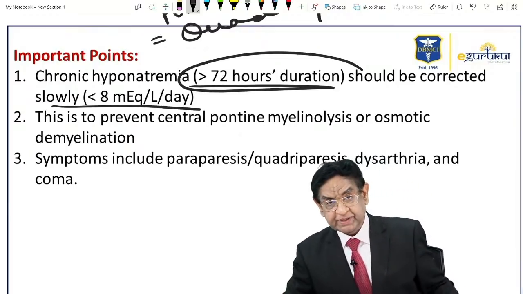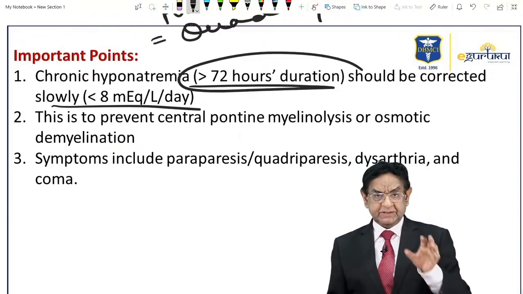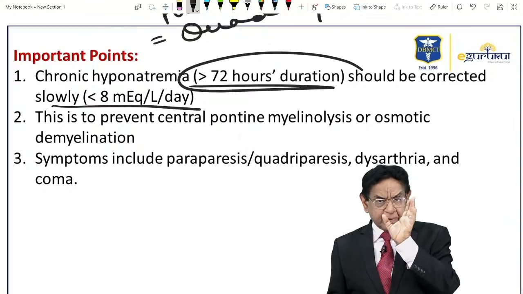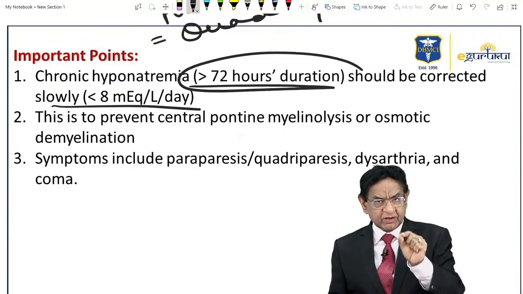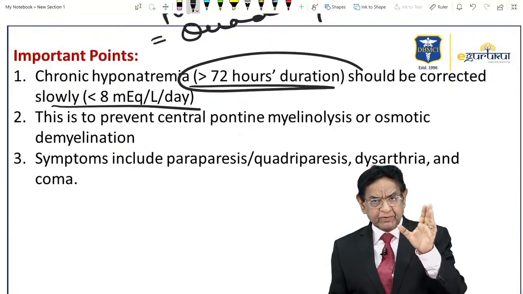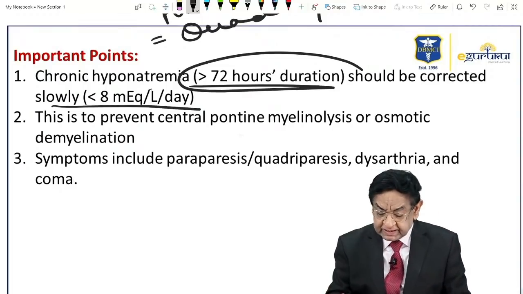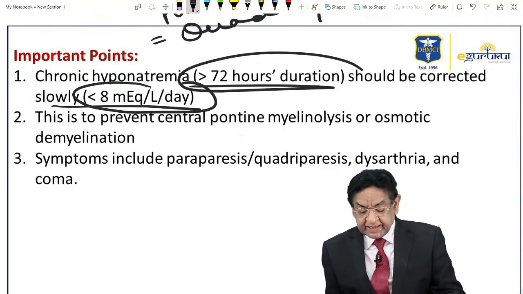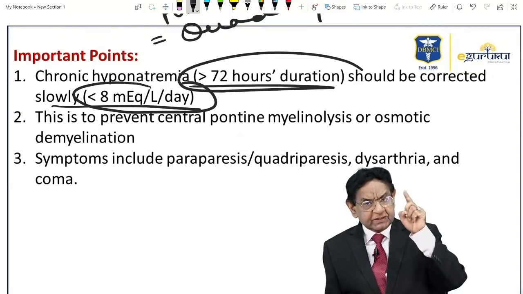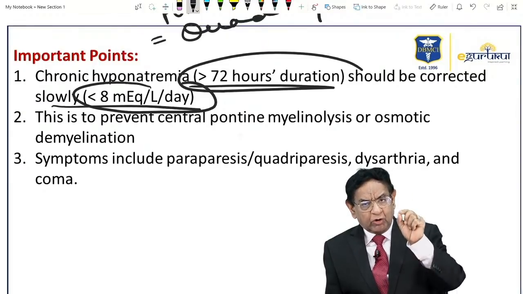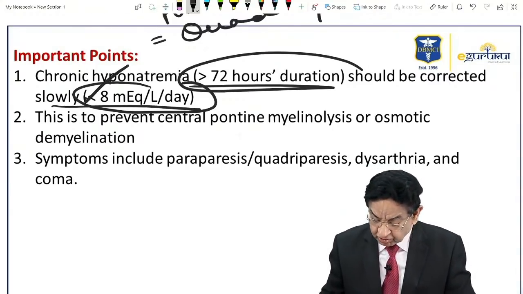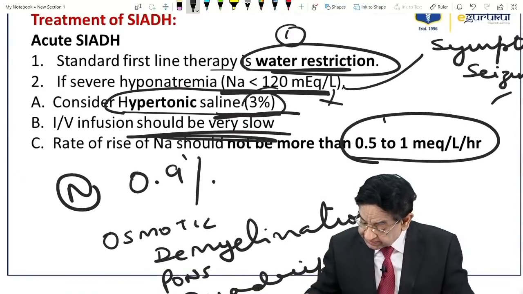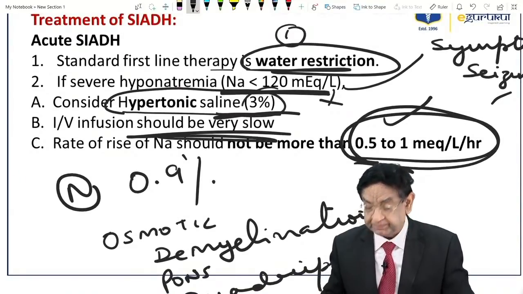Now you are going to ask me a question. By and large, if the patient has seizure, all these things, our level rise should not be more than 0.5. Why I wrote this, in one of the literatures they mentioned 0.8 also. This is the one question which is asked to me by all the students after the class. Sir, should I go by this or you go by this? This is the single best answer.